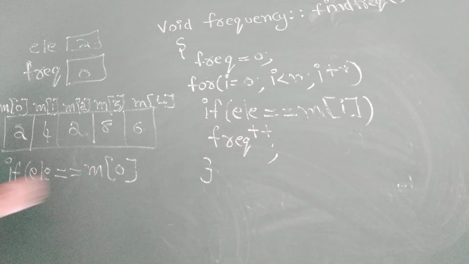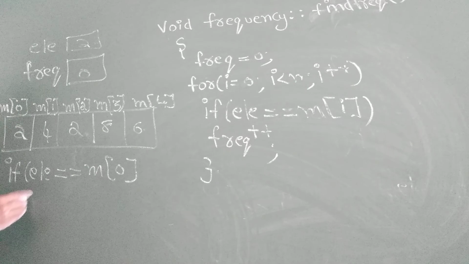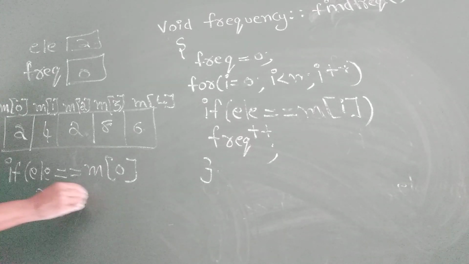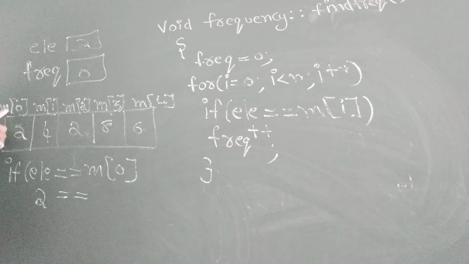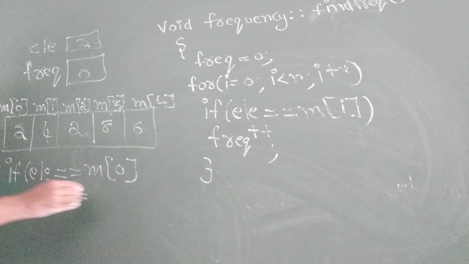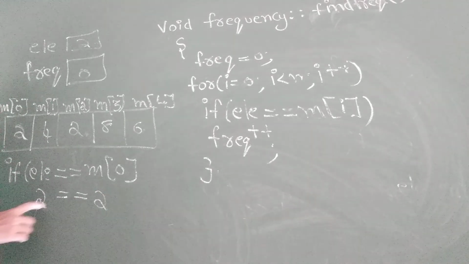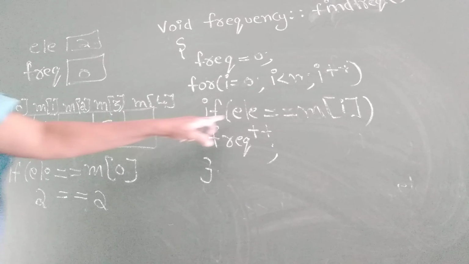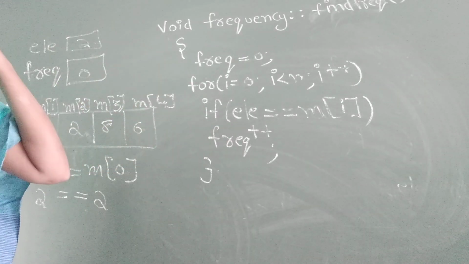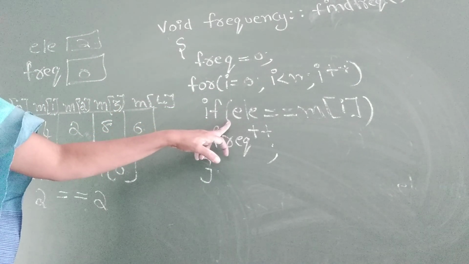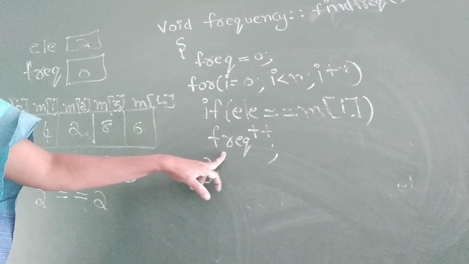Ele, what is there? 2 is there. 2 is equal to m of 0. In m of 0, what data is there? 2 is there. When the equal to is satisfied, if this condition is true, execute this statement.